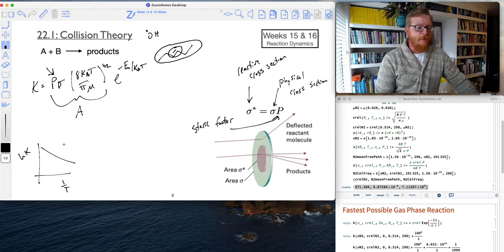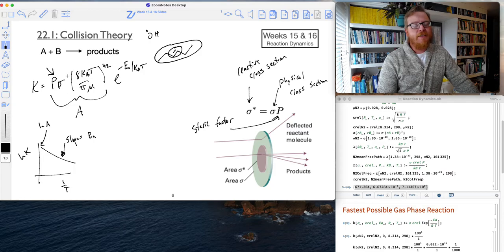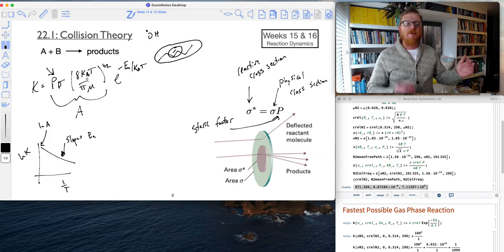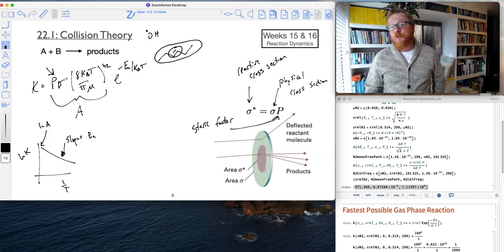That gives me the slope, which equals the activation energy, and the intercept ends up being the natural log of A. So we get that frequency factor term. Usually we can calculate sigma and the relative velocity pretty well, so we kind of have to back calculate what that frequency factor is.